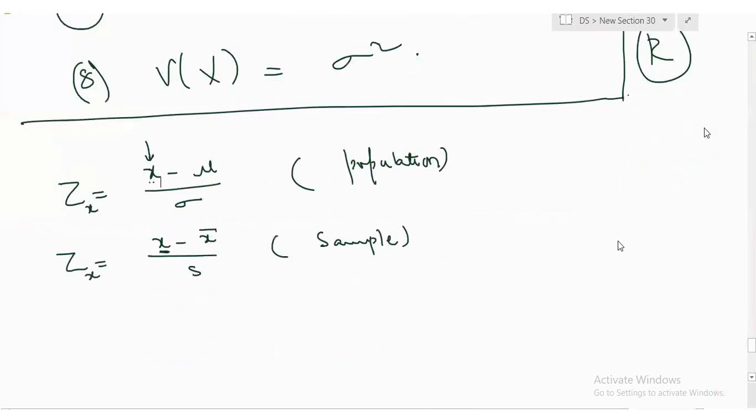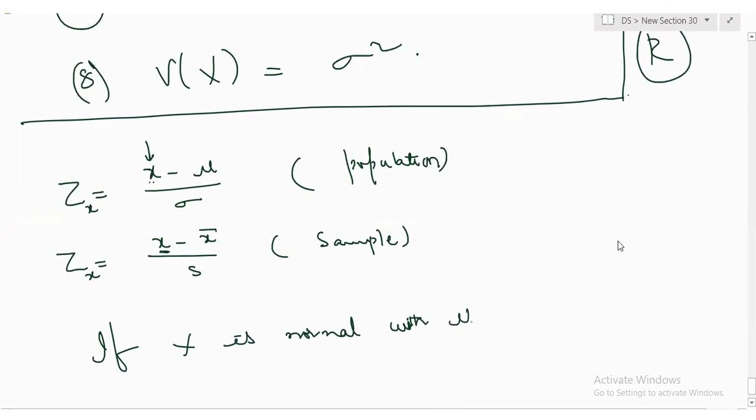Let us understand. If X is normal with mu and sigma square as parameters, very, very important statement which I am going to write.